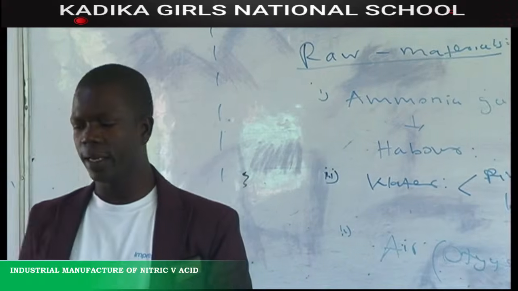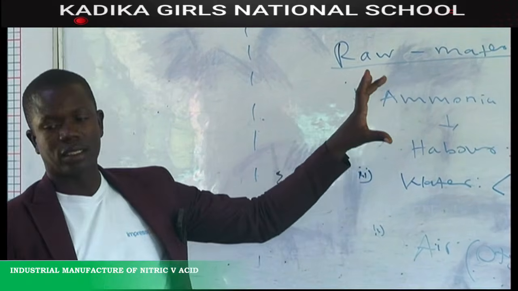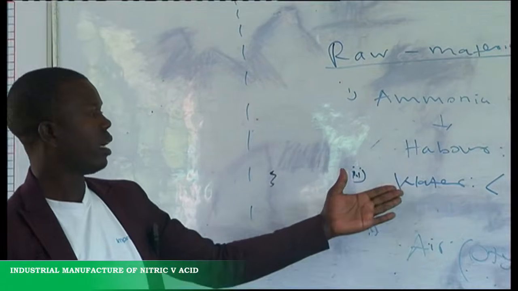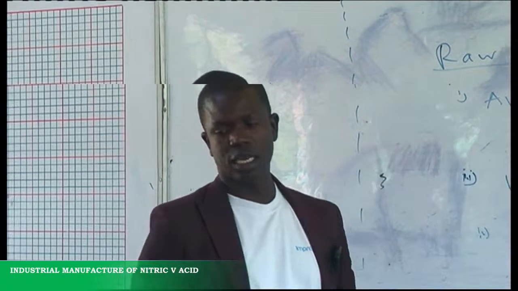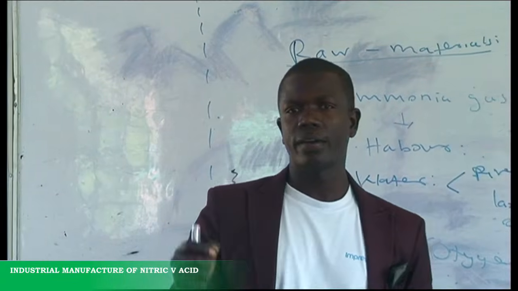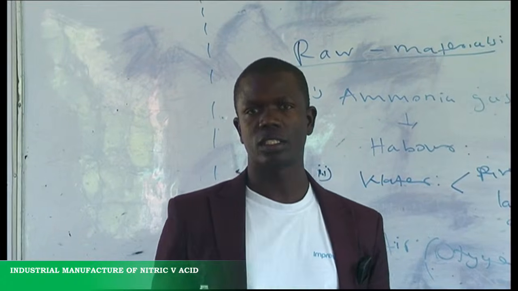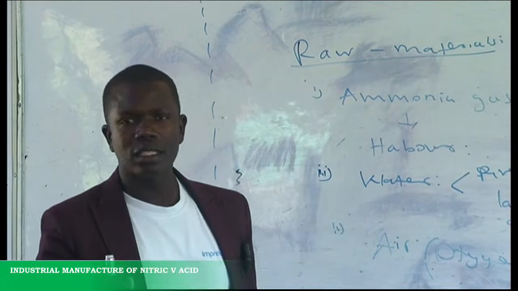Now, what is happening here is that these two gases, ammonia gas and oxygen gas, are first purified in the first chamber by the process of electrostatic precipitation. Why do we purify this air?